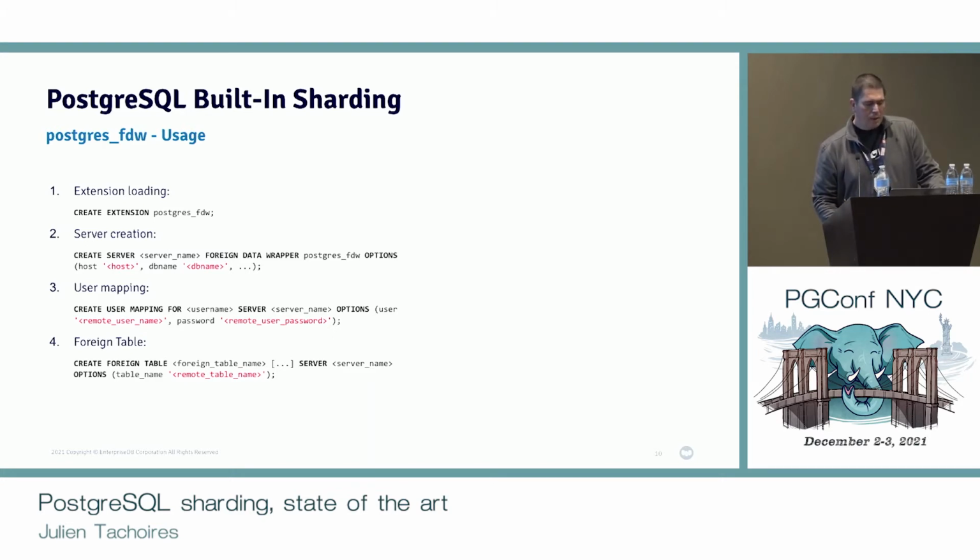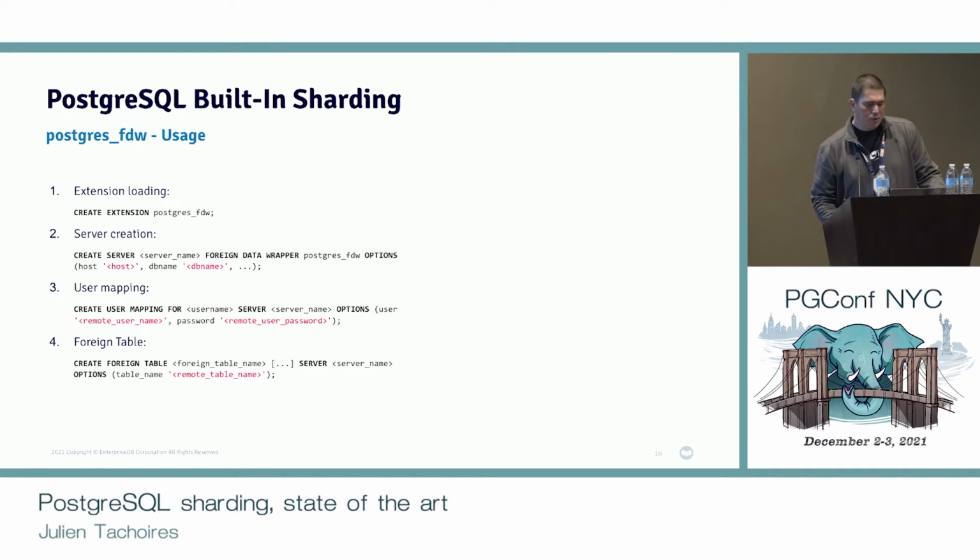And once our server object is created, we can now proceed with user mapping creation with the help of the create user mapping statement. At this step, we can define the username and password that will be used to connect to the remote host.